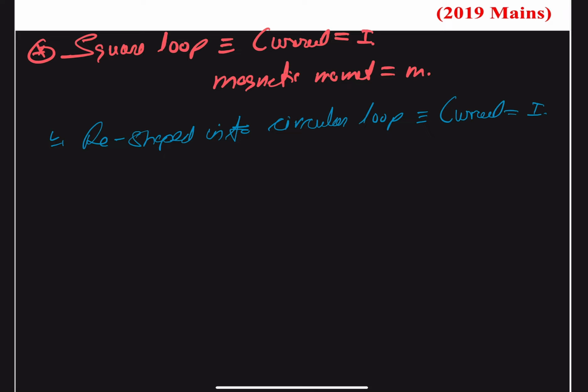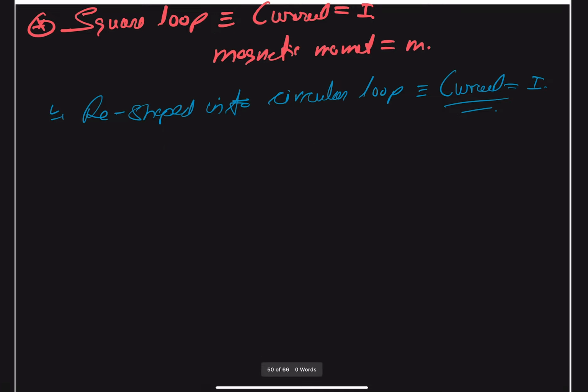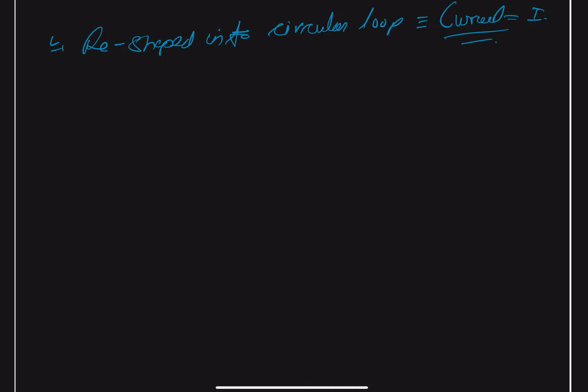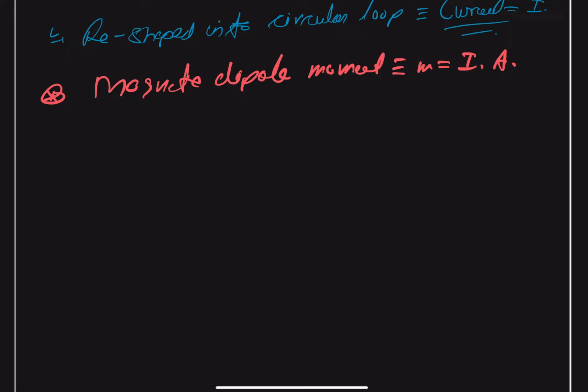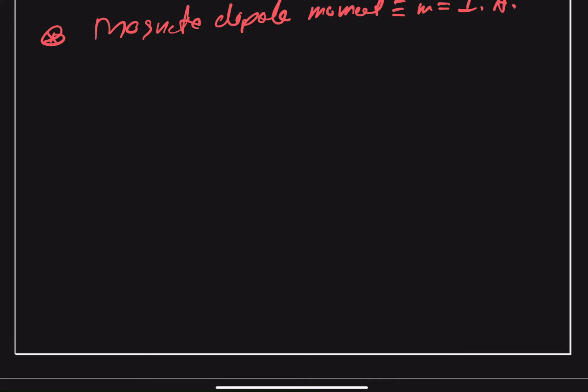Current is our I, and we have to find out the magnetic dipole moment. The formula we already know is our I and A. So we say magnetic dipole moment, that is of M is equal to I A. A is the area. And let us suppose we are using a wire of length L, and from that wire length L we are going to make square as well as we are going to make a circle.